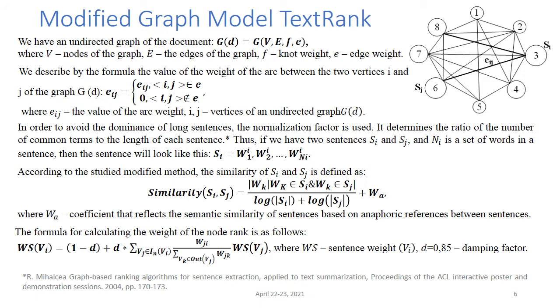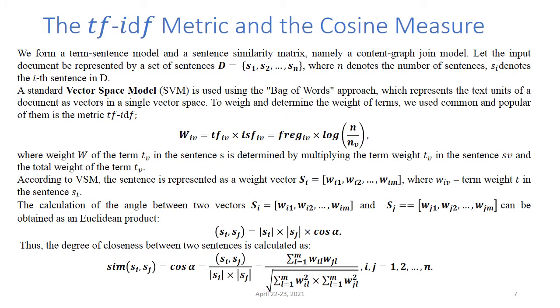In our work, we use the tf-idf measure and the Cosine Measure for finding similarity between sentences. On the slide, you can see the tf-idf metric and the Cosine Measure for the semantic similarity between two sentences.